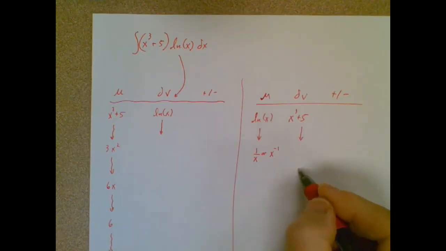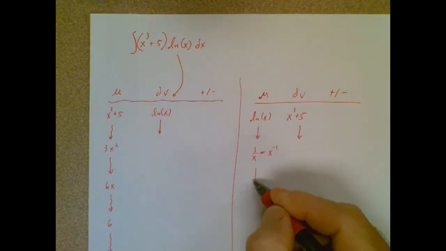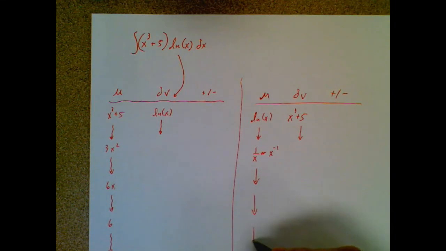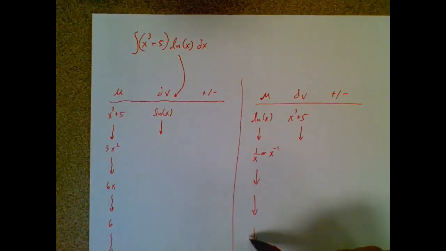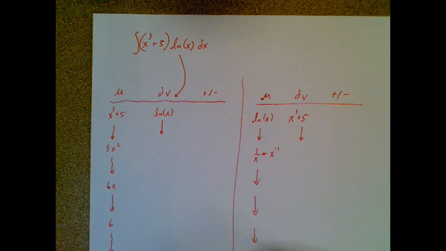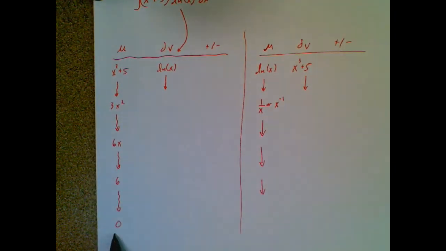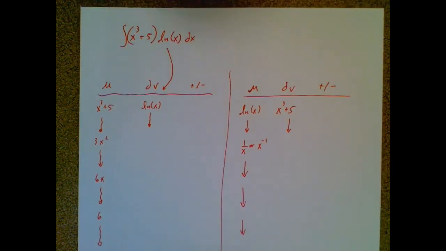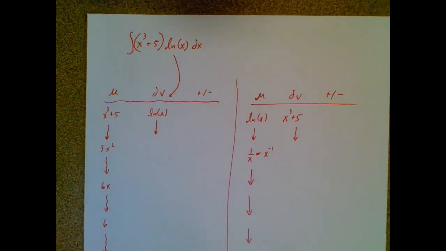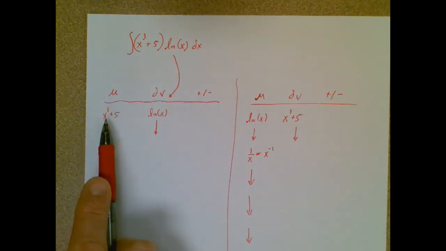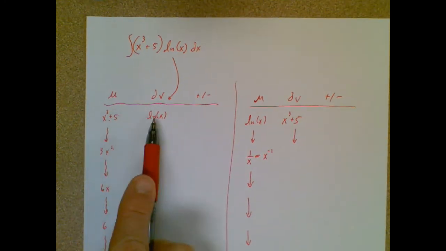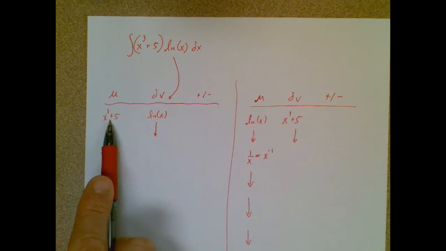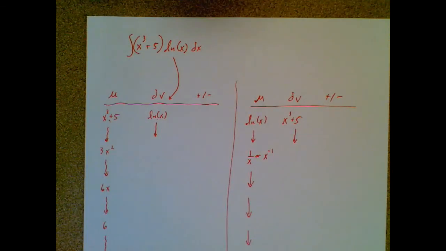I can just continue on with this, but the problem is, as I continue on with this derivative, it will never eventually equal a 0 like it did over here, which means these columns will never end, and I don't have time for that. So tabular integration is only going to work if you can find an appropriate thing for here, and this piece eventually has a derivative of 0. In this case, it doesn't, so you could not do tabular integration.